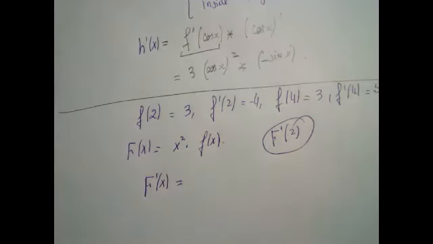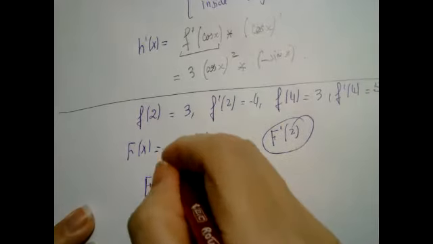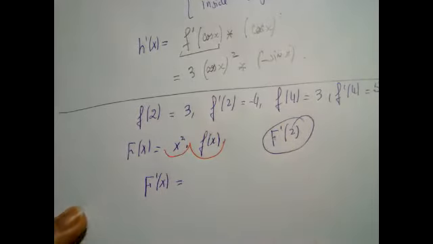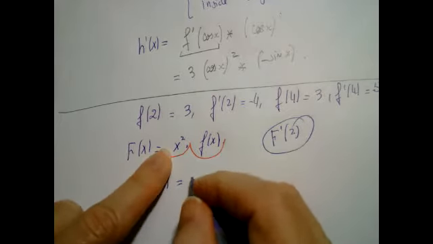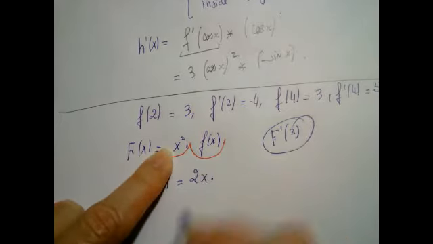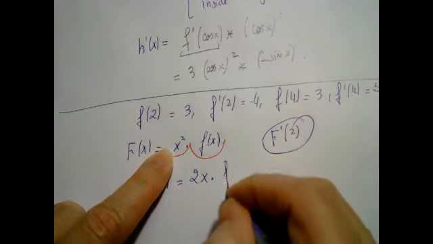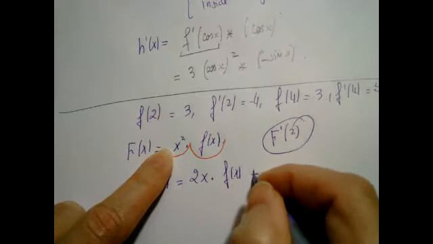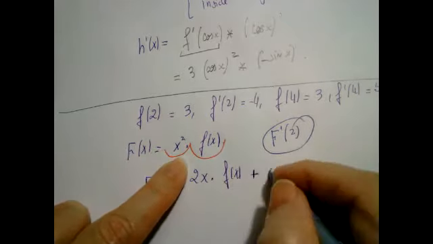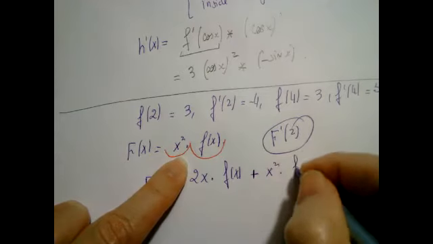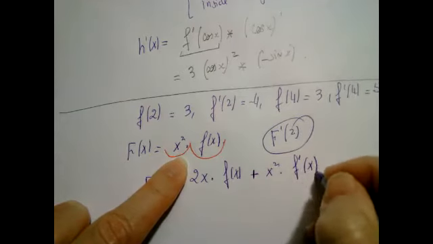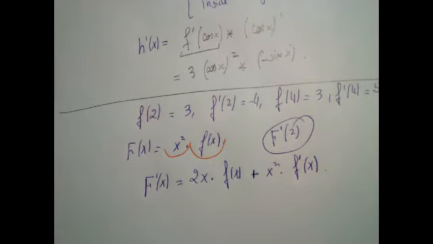This is a product of 2 functions, so to find this derivative you have to apply the product rule. The derivative of x squared is 2x, times f of x, plus x squared times f prime of x. So that's the product rule.